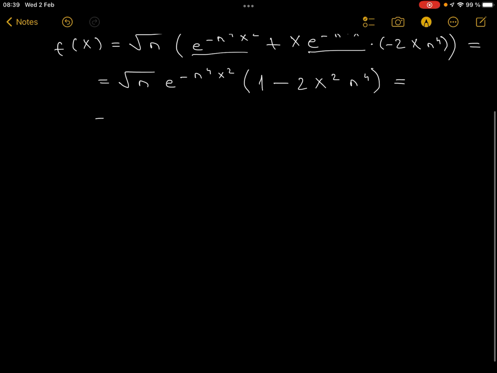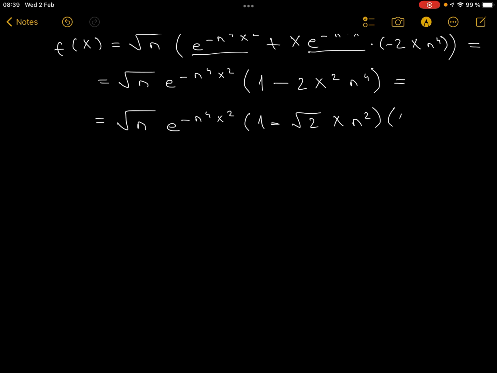And finally, we can rewrite this as the square root of n, e to the negative n to the fourth x squared, and this is of course the difference of two squares, 1 minus the square root of 2 x n squared times 1 plus the square root of 2 x n squared.